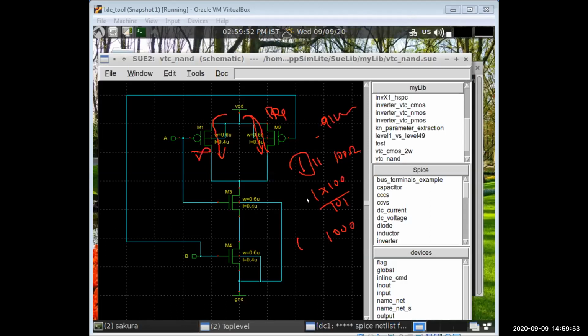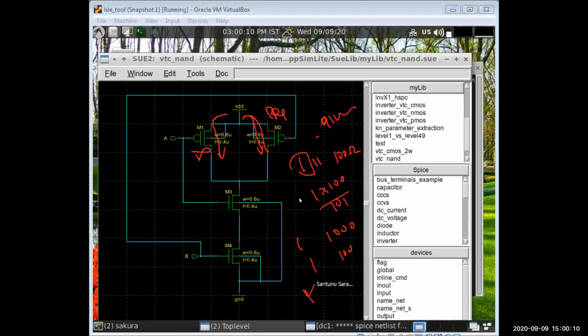If it is 1 and 1 crore, it is again more close to 1. So 1 and infinity, what will be the resistance? 1.